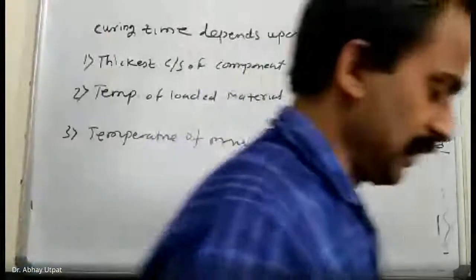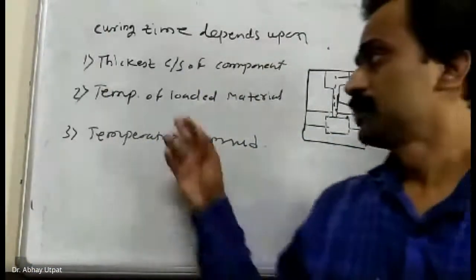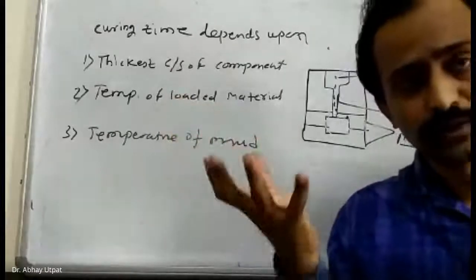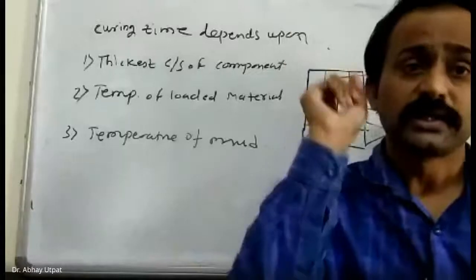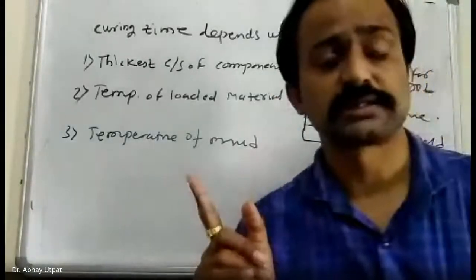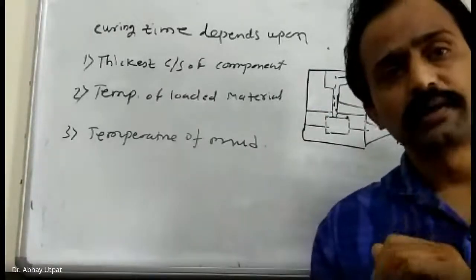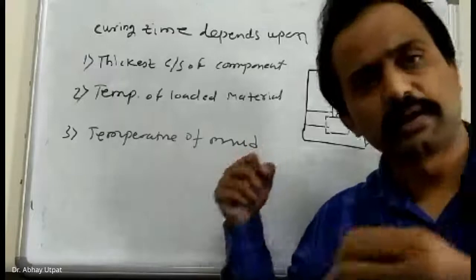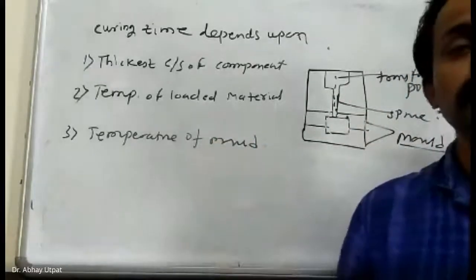So we have studied mold heating at the start of the chapter, and for the component which you are going to produce, the raw material granules required are also preheated. Remember this, friends. Unlike injection molding, your mold is not heated directly, you are injecting the material there, but here mold heating plays an important role.